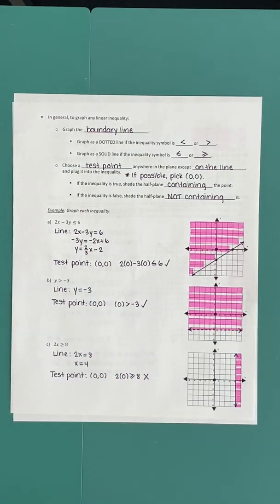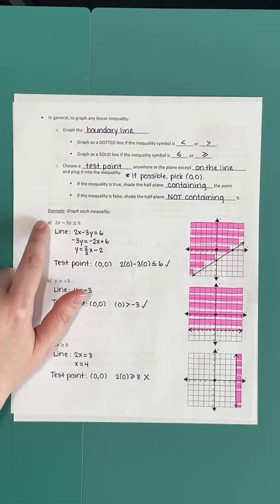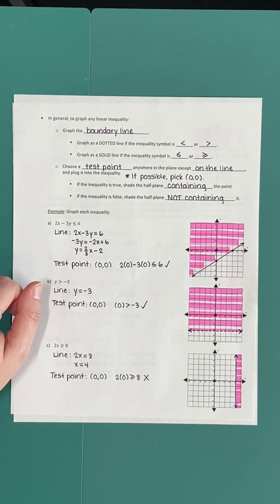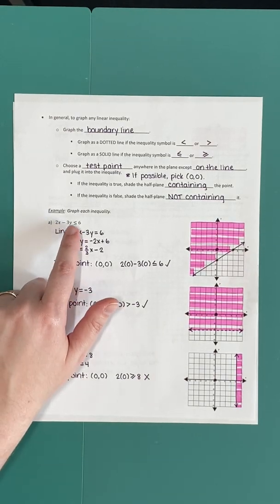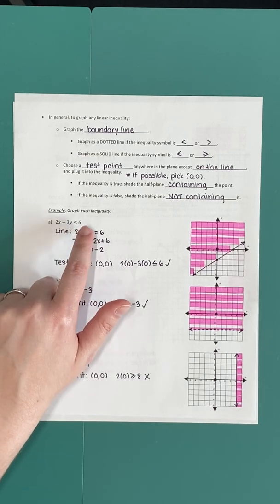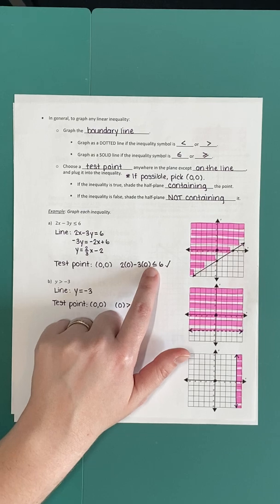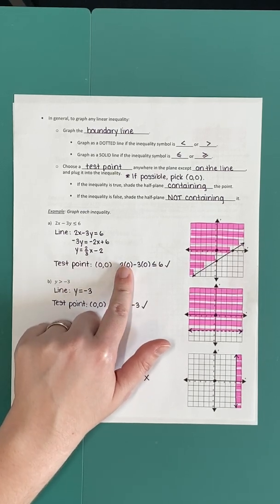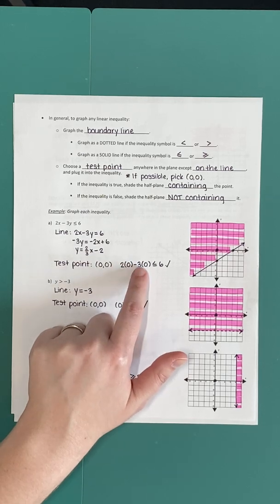What I want to know at that moment is if I were to plug in x equals 0 and y equals 0 to my inequality, what happens? Do I end up with something that's true? Do I end up with something that's false? So I'm going to plug in 0 for x, I'm going to plug in 0 for y, and then I want to simplify the resulting inequality. So this is what I'm doing algebraically. 2 times 0 is 0, 3 times 0 is 0, 0 minus 0 is just 0.